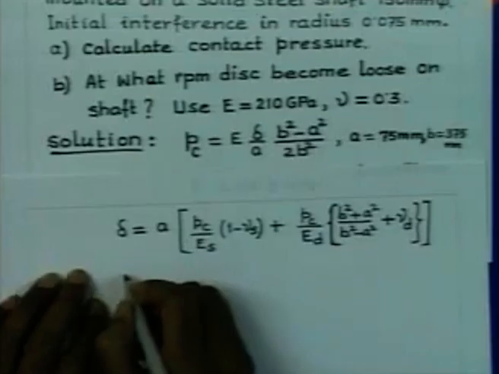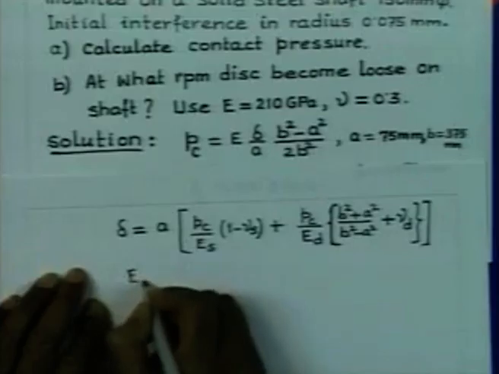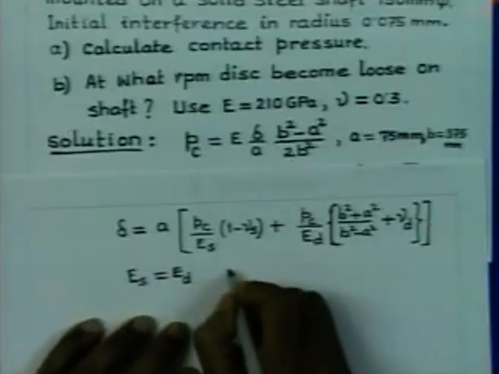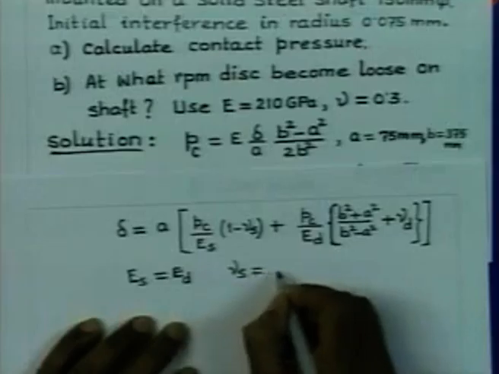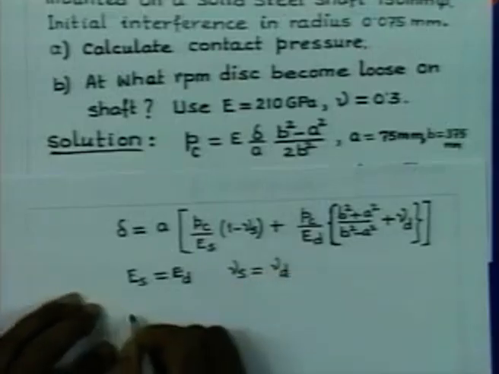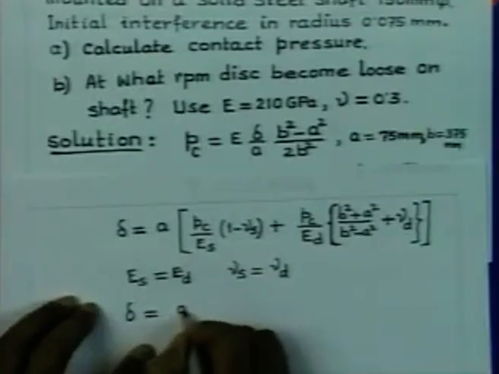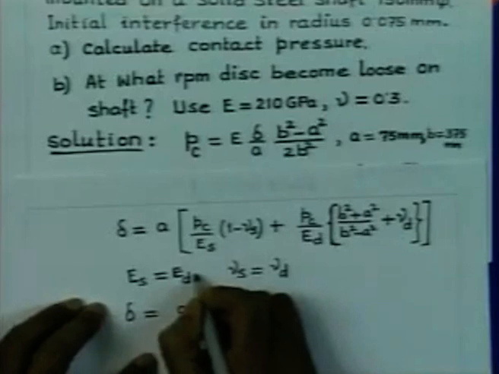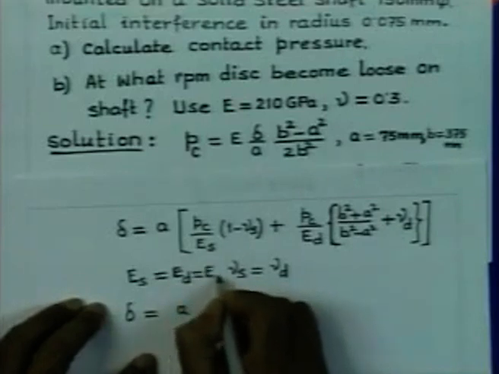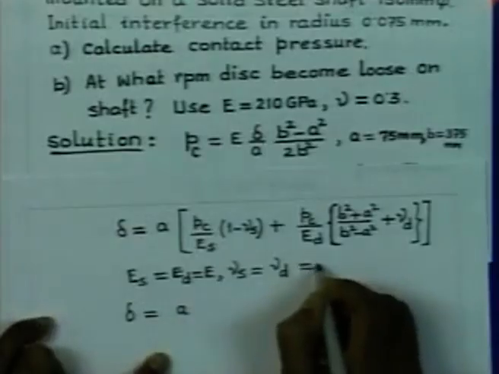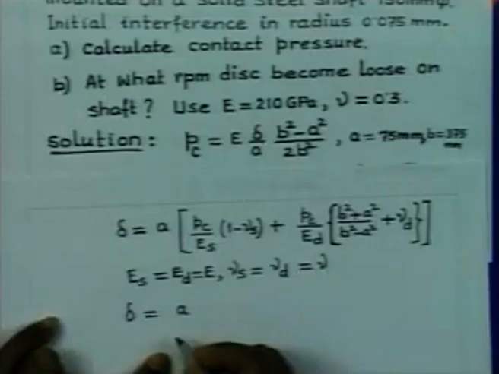We can now write that when you have the same material, what we are given here is that Es is equal to Ed and nu s is equal to nu d. Therefore, this delta is equal to, and let us say that these two moduli are equal to E and these two Poisson's ratios are equal to, let us say, nu.